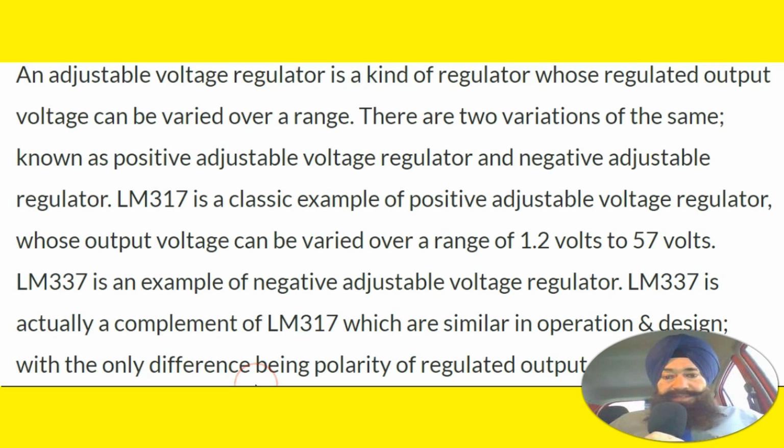It provides us a negative voltage which can also be varied. Actually LM337 is the complement of LM317. They are similar in design, the only difference being the polarity, because LM337 gives us negative adjustable voltage, whereas LM317 gives us positive adjustable voltage.